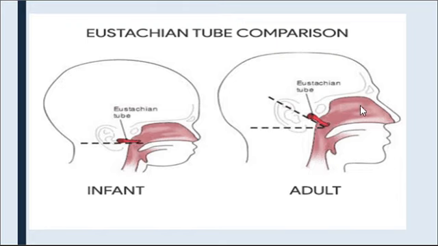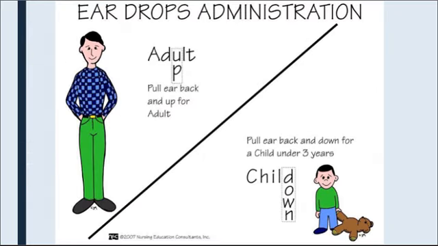And then people with sinus issues, if you're full in the sinus, it's going to put pressure, or you might see an effusion in the middle ear or tympanic membrane. This is just a picture for you on remembering up and out for the adult, and back and down for the child because of the position of the eustachian tube.